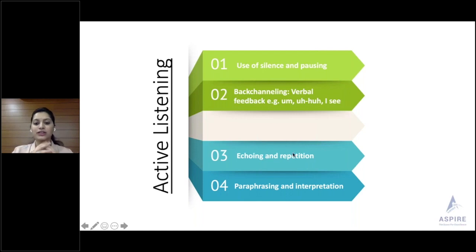Echoing and repetition. This again is what I said: when they end a sentence with a piece of information, just say the same thing back to them to show that, yes, I was listening and I know what you're talking about. Then paraphrasing and interpretation.